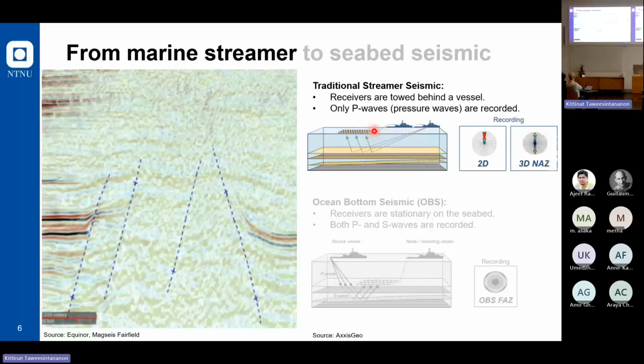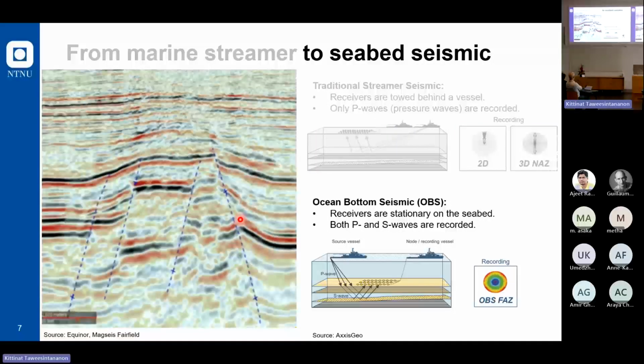There are some limitations, because the receiver is deployed only behind the vessel. That means you only record a narrow azimuth of the seismic reflection data, and only P waves, or pressure waves, are recorded because the streamer is in the water column. The image is typically like this, and you will have some problems with the shallow gas effect.